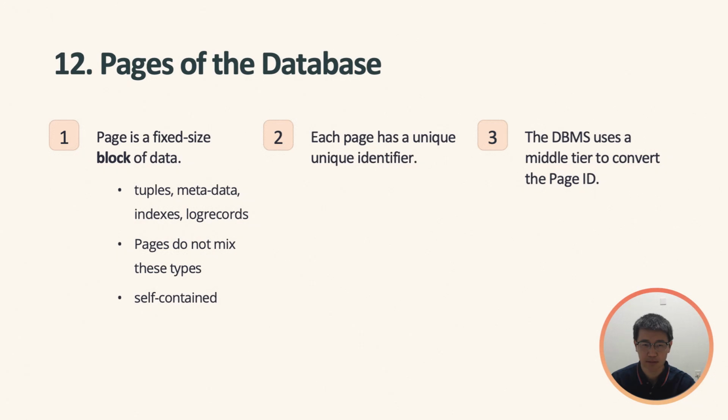Each configuration has a unique identifier, and the DBMS uses an intermediate layer for scheduling, which can map the configuration ID to the actual physical location on the disk. If the data is in a single file, the page ID can be represented simply by the offset.